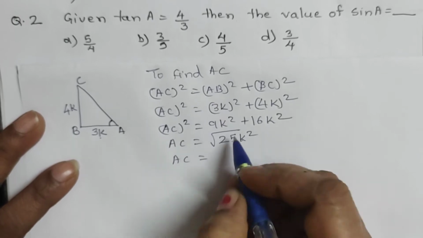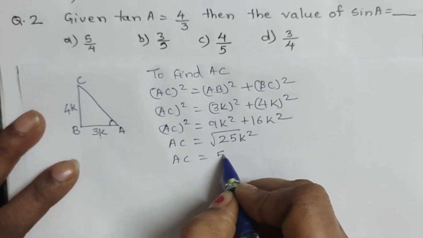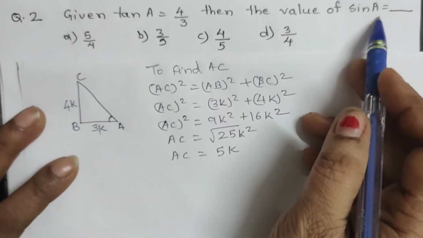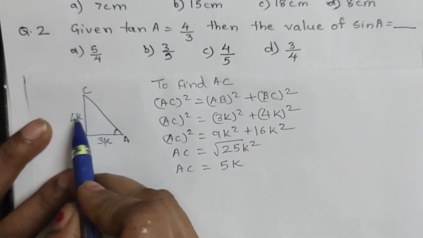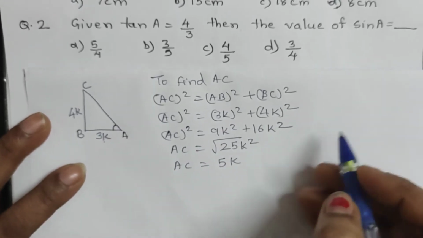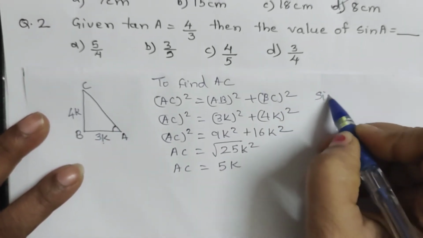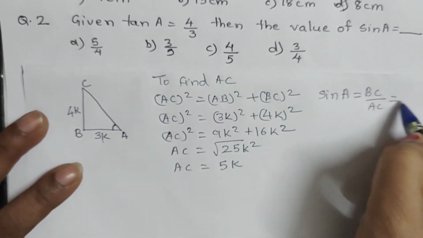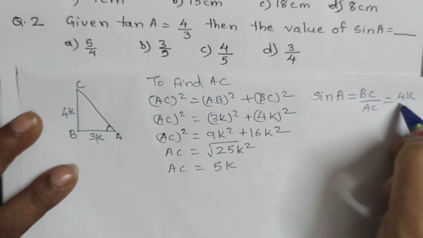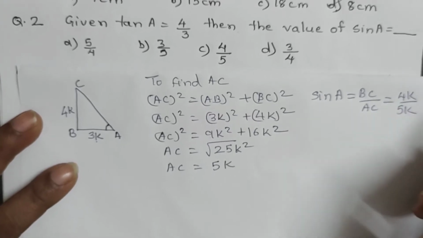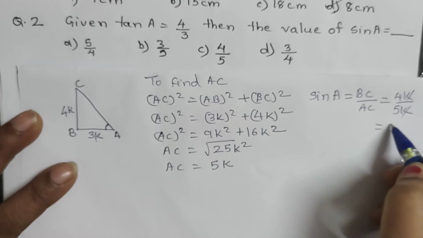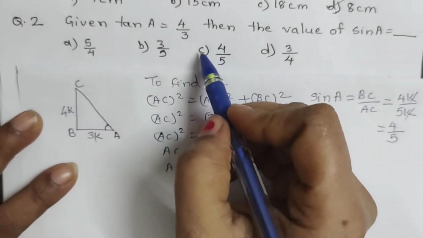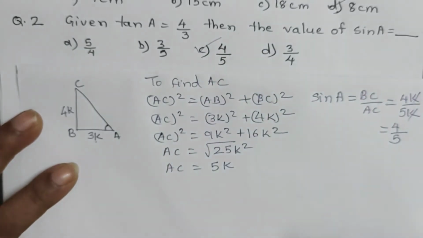So AC is equal to 5K. Now we have to find out the value of sin A, and sin A is opposite side upon hypotenuse. So sin A is equal to BC upon AC, that is 4K upon 5K. So here we are getting the value 4 upon 5. So the correct option is option C, 4 upon 5.